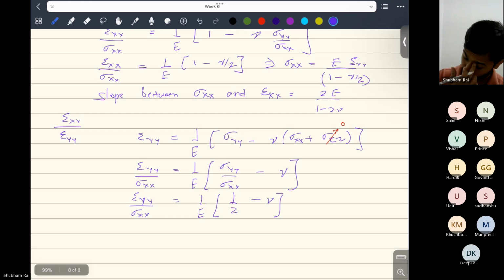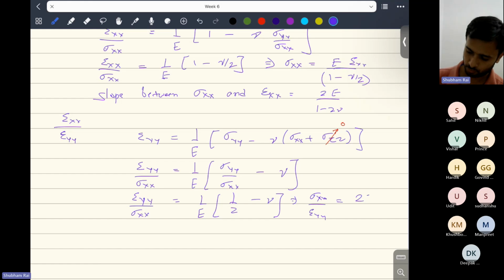So from here we can say sigma xx over epsilon yy will be equal to 2E over 1 minus 2 mu.